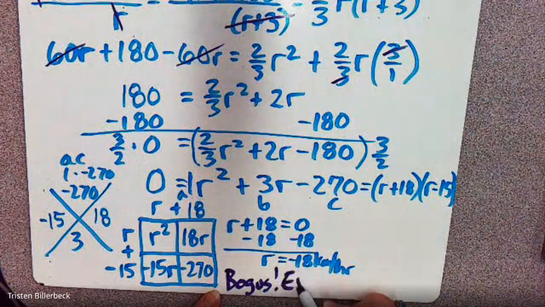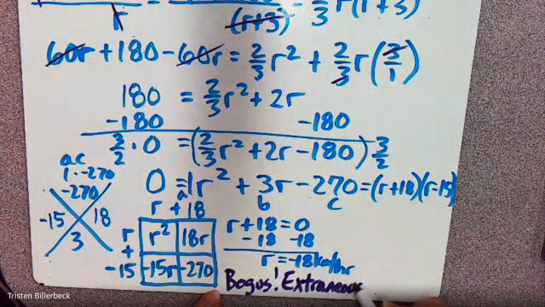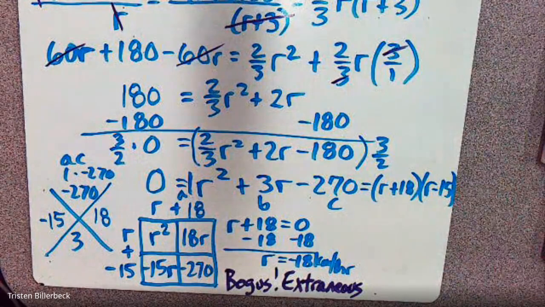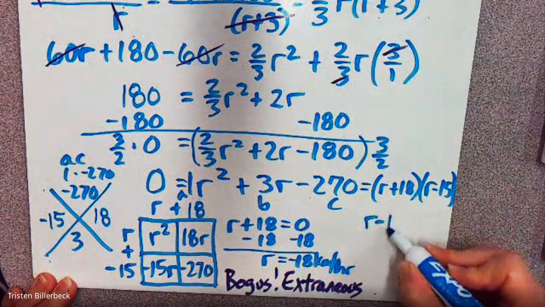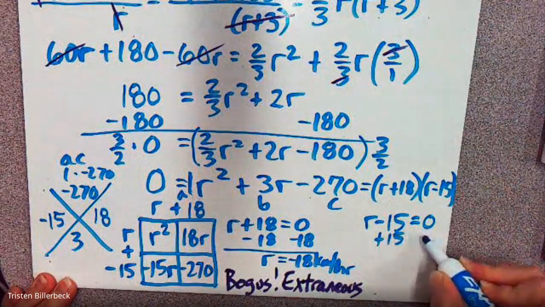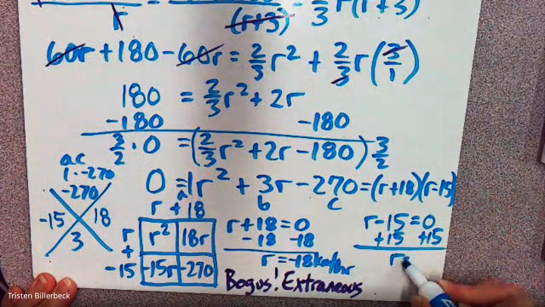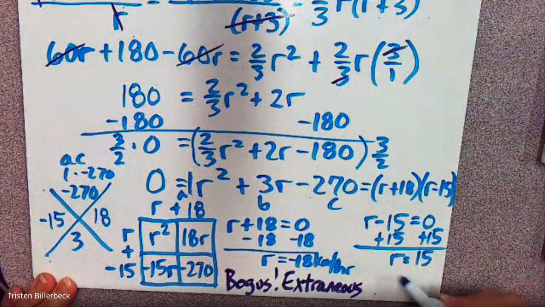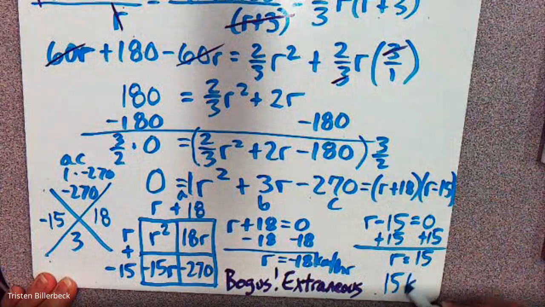This is an extraneous solution. It just happened to come up because of the numbers, but it makes no sense. Okay, so then we have r minus 15 equals 0. We add 15 to both sides. We have r equals 15. Say, that one makes sense. You can go 15 kilometers per hour.